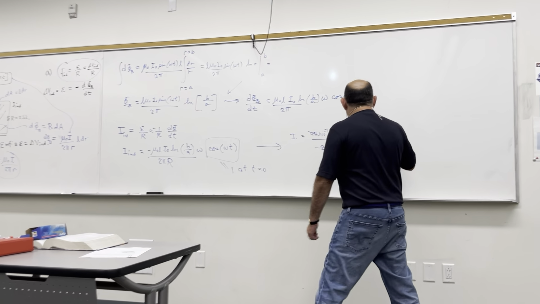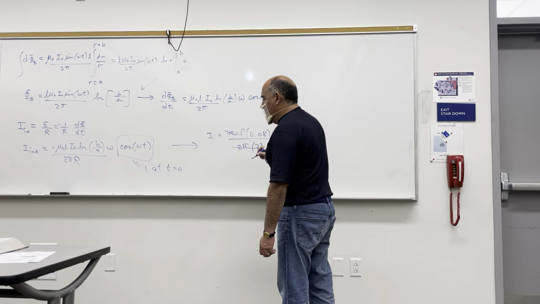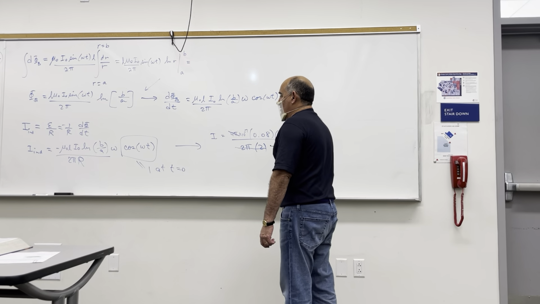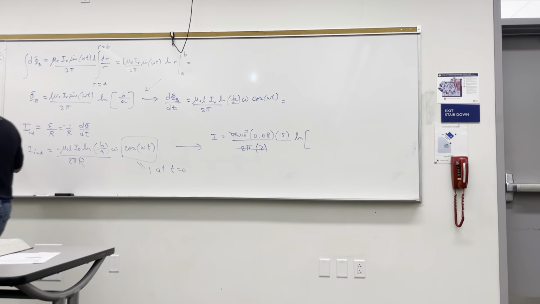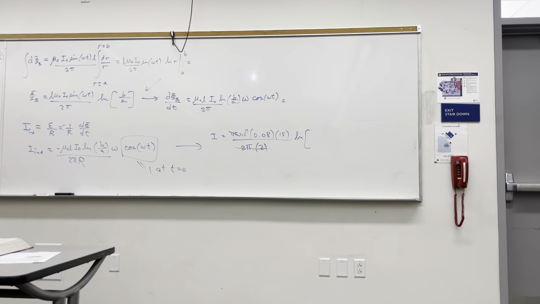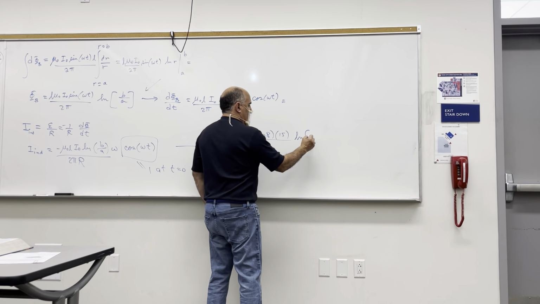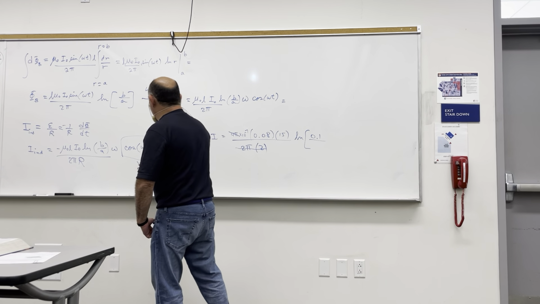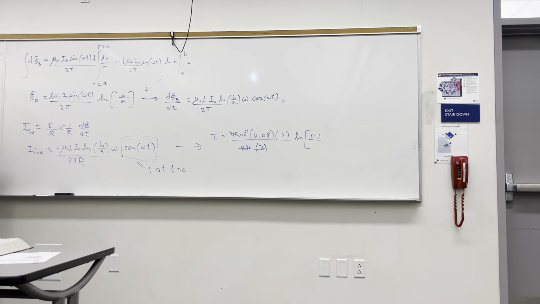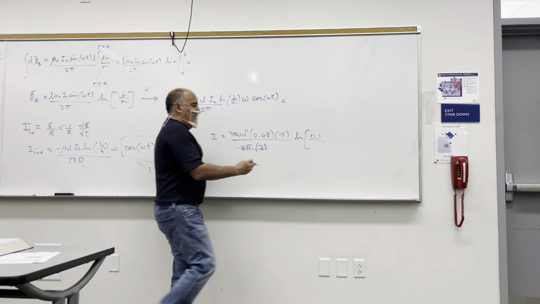And then I have the natural log of, oh, and there's an omega too that I can't forget. So B, I called it this distance, right? I defined it as this distance. And according to this diagram, it's 5 centimeters plus 5 centimeters, which should be 10 centimeters. That should be 10 centimeters is 0.1. Although here it doesn't matter because I'm taking the ratio of two things. And A is the distance from here to there. So in this picture is 5 centimeters, so that's 0.05.